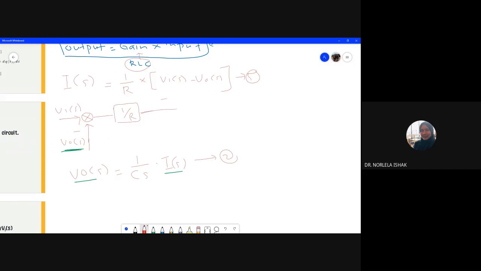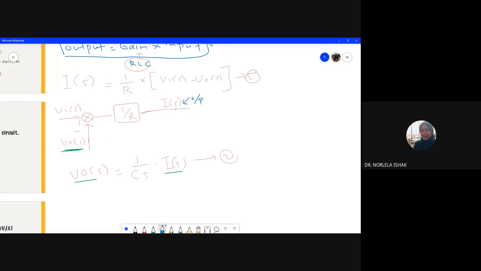So here is a current. Okay, so if the first block current is your output, right? Okay, current is your output. So meaning the second block or the second subsystem, the current is your apa? Is your input. Okay, maksudnya dia bersambung tau.